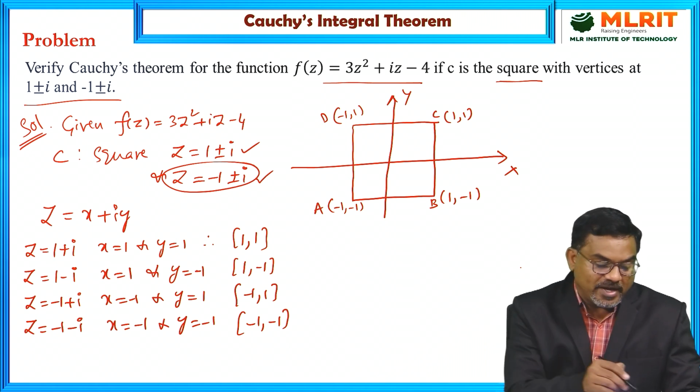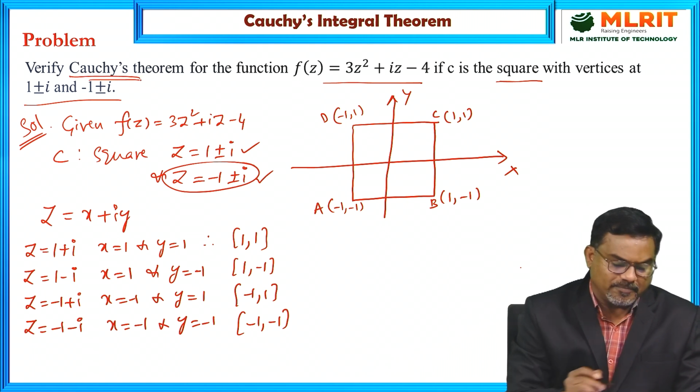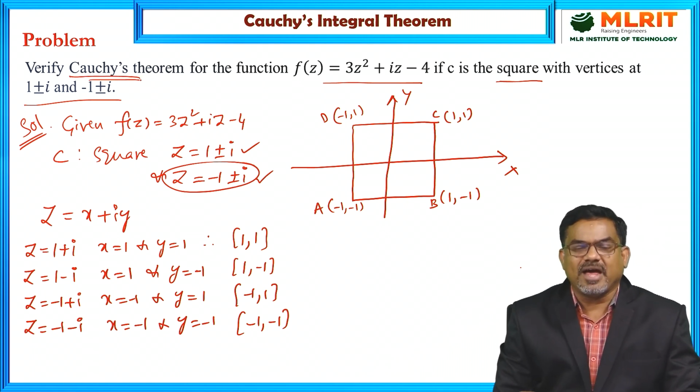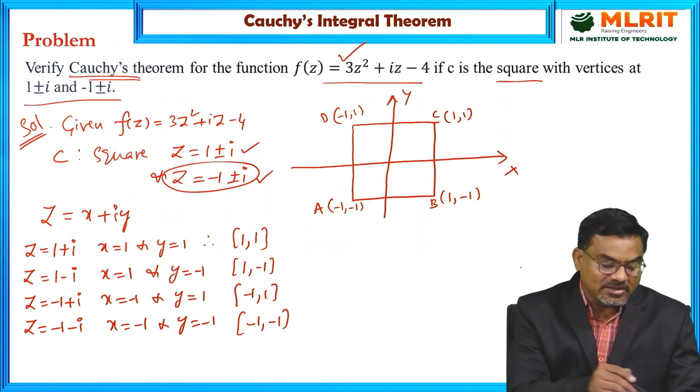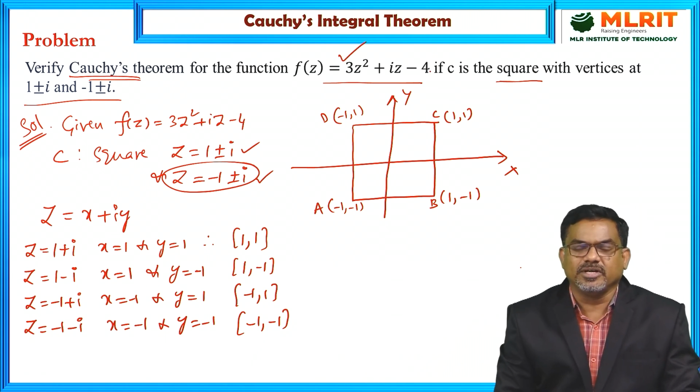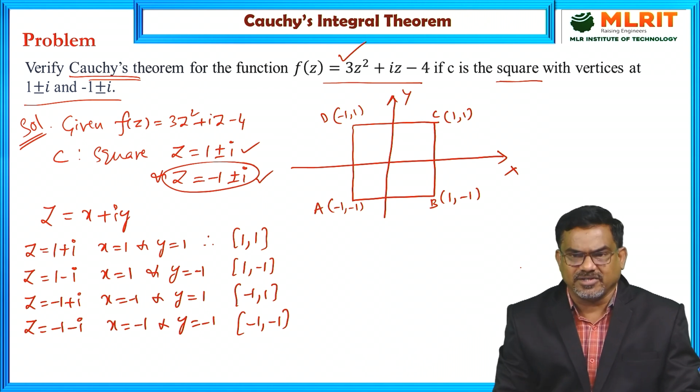Now, to verify Cauchy's integral theorem, we need to evaluate the line integral of this given function along the curve C, and finally we need to show that the answer is 0. That means the line integral vanishes.